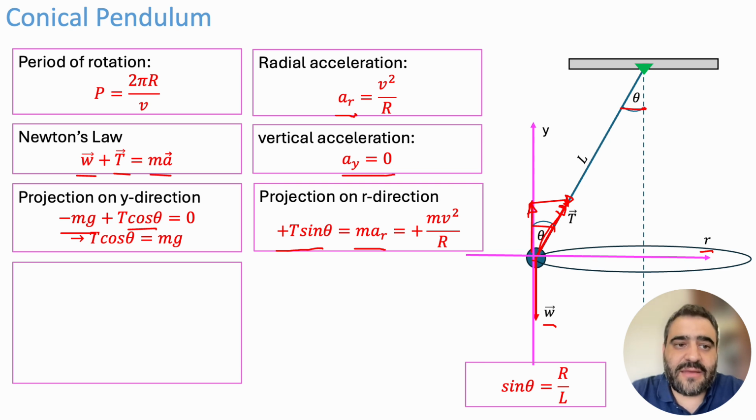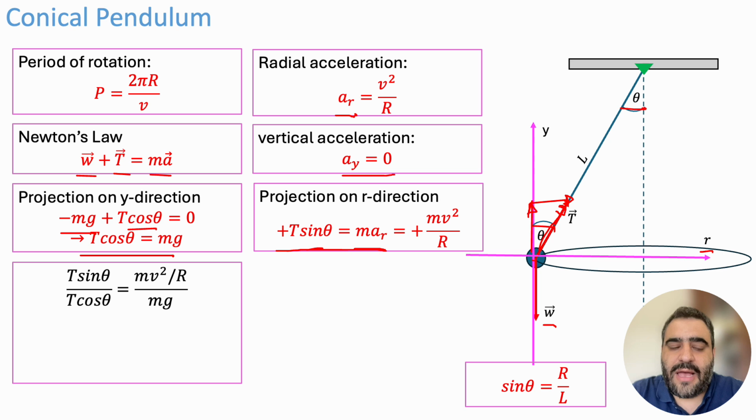So here we have T sine theta, and here we have T cosine theta. So T is kind of bothering us. We want to get rid of it. So what I'm going to do is take the ratio of these two equations. So this over this. We have T sine theta over T cosine theta equal to m v squared over r over mg.